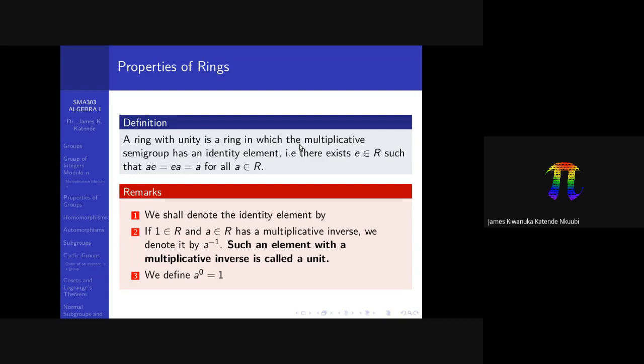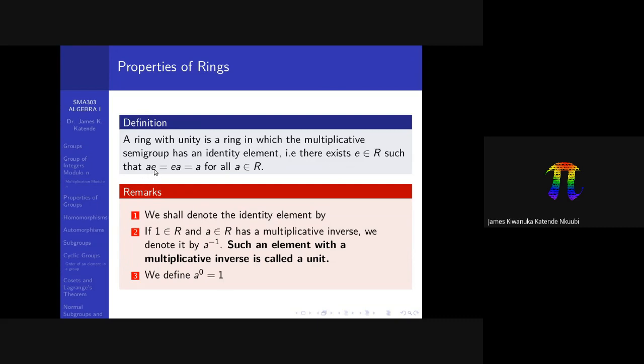You have seen one extra property that it may or may not have, and that was the commutative property under multiplication. There's one more property we are considering again. That is a unity, or the multiplicative identity. So if there's an identity under multiplication, we say that it's a ring with unity.